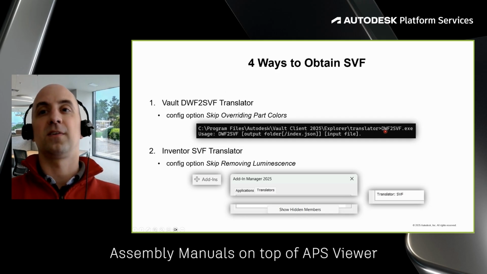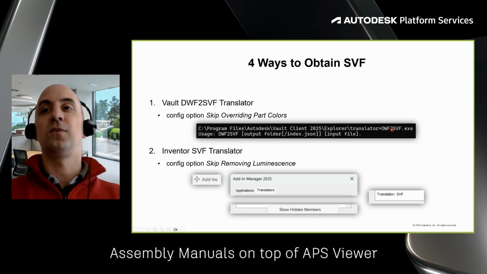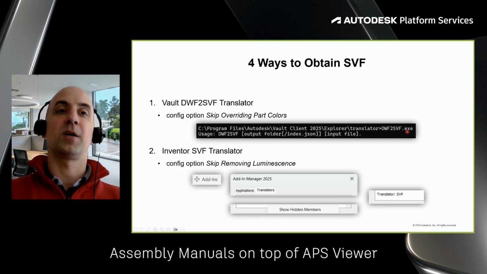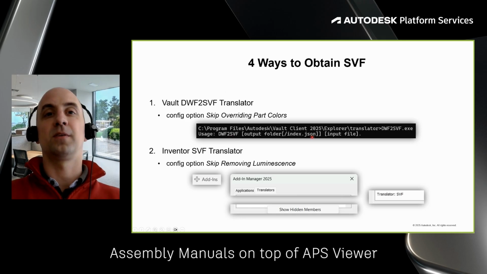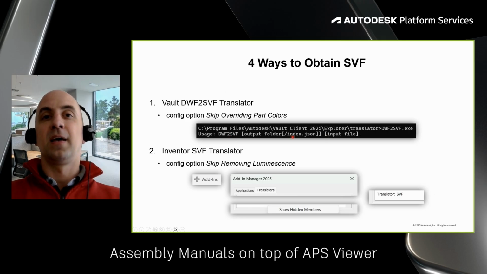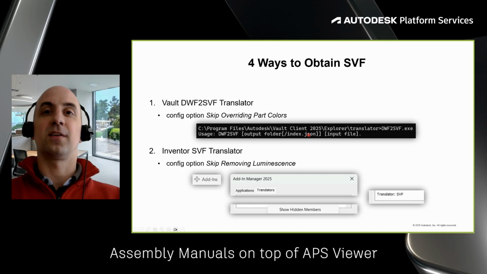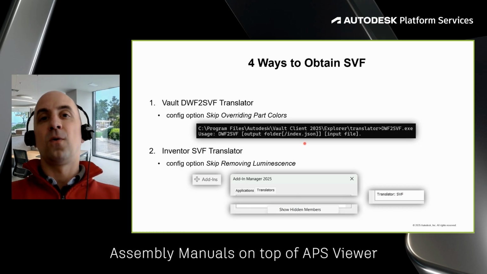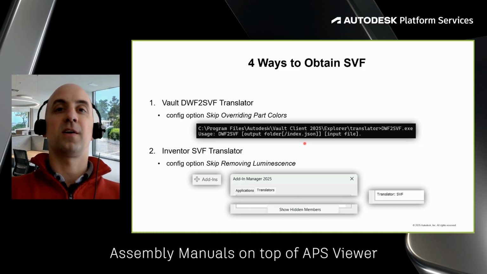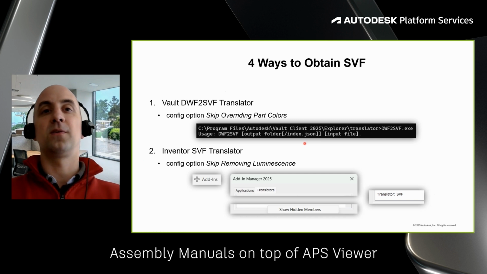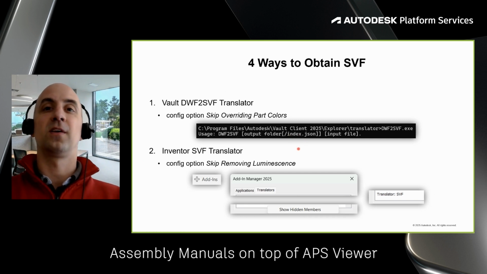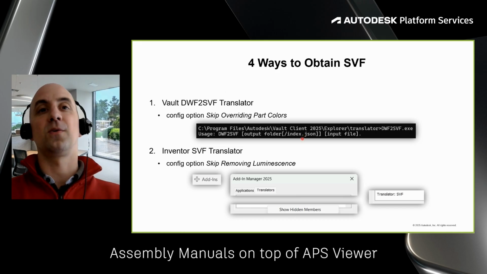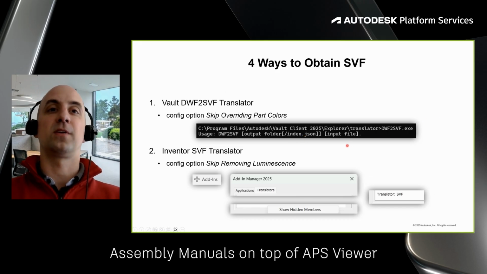It's DWF to SVF exe, and once you try to invoke it on the command line, there is not much help. There is something optional called index.json, and we think it's some sort of configuration file, but we didn't figure out how to use it, so we don't include it when calling this tool.